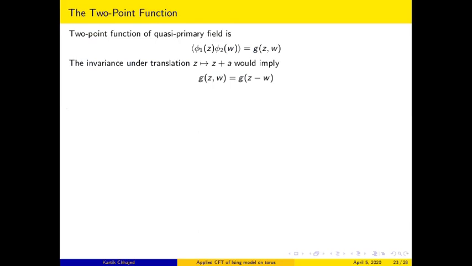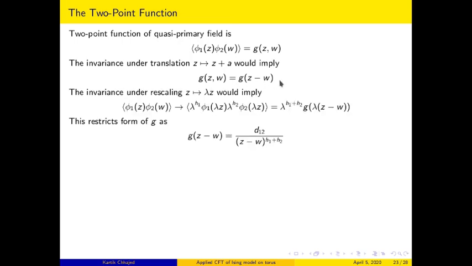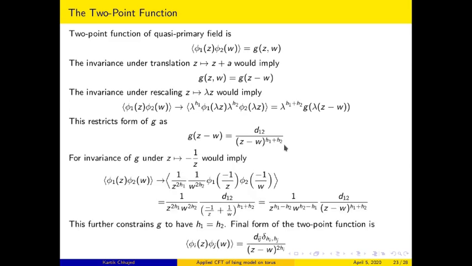So if my 2-point function is invariant under translation, then we restrict our 2-point function like this. And if my 2-point function is invariant under scaling, then my 2-point function is given like this. And if my 2-point function is invariant under the special conformal transformation, then the 2-point function is given like this. So this was the 2-point function for a quasi-primary field.